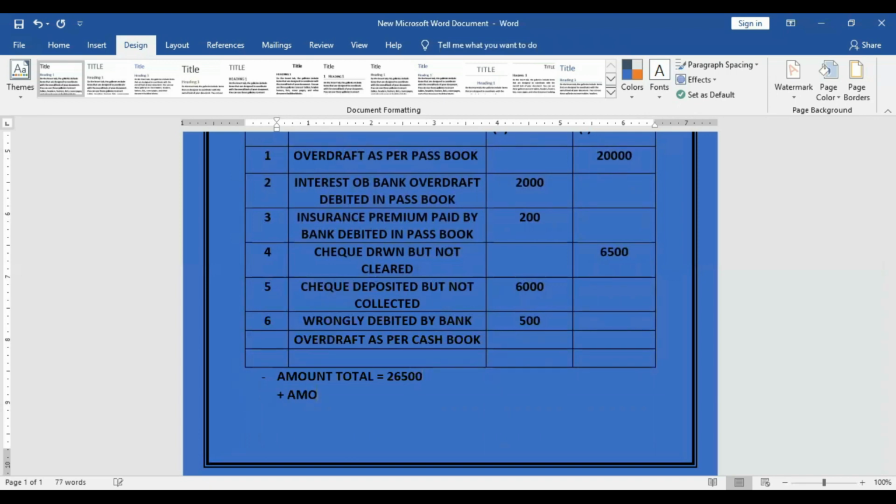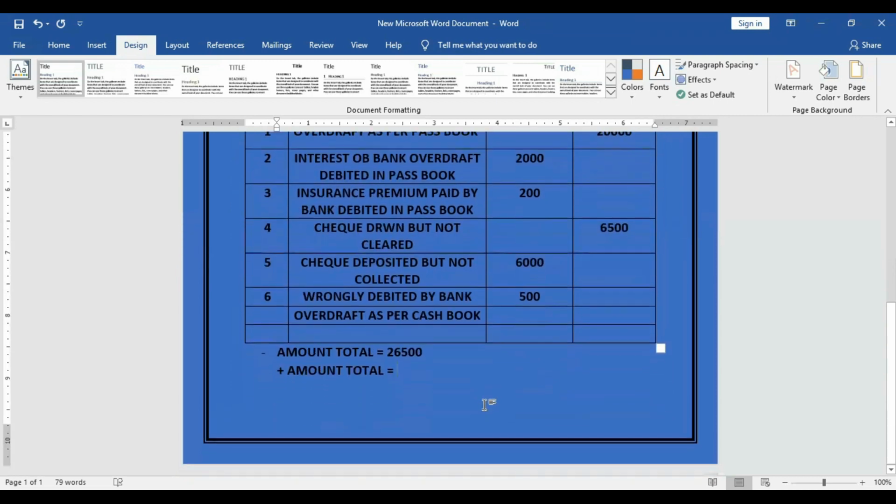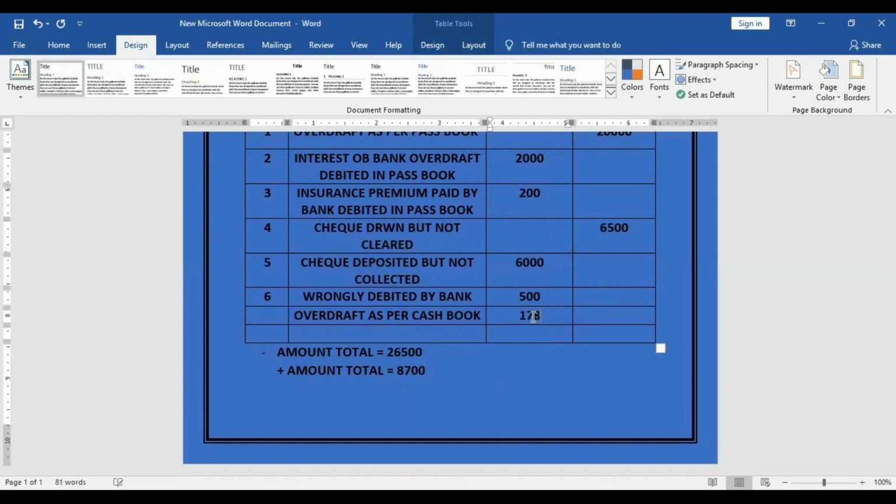Plus amount total: 6,000 plus 2,000, 8,000, 8,700. So the difference between 26,500 minus 8,700 is 17,800. 17,800 we have to enter on the plus side.